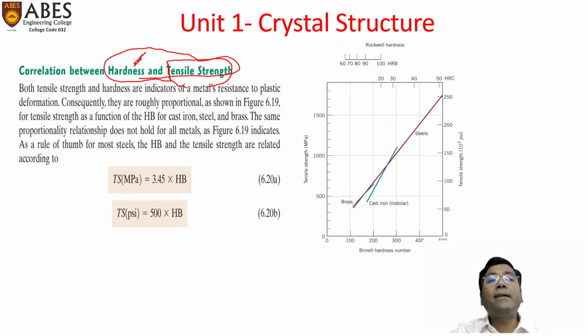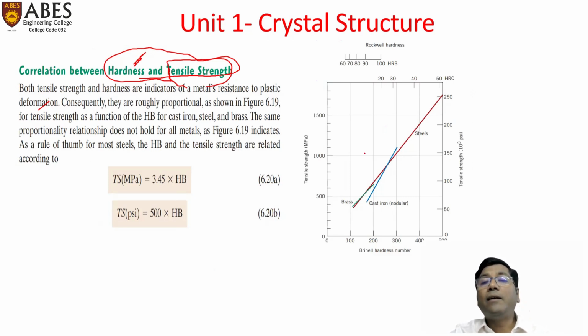Both tensile strength and hardness are indicators of a metal's resistance to plastic deformation. Consequently, they are roughly proportional.